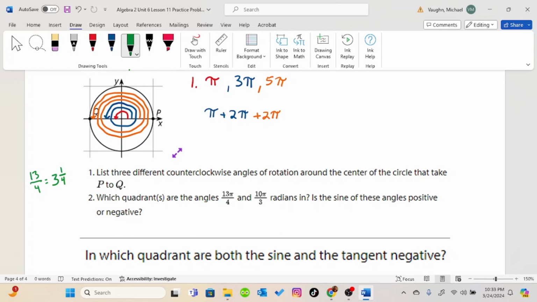So, 1 pi takes me halfway, 2 pi brings me back to where I started, 3 pi takes me halfway, and 1 more fourth puts me down here in quadrant 3.